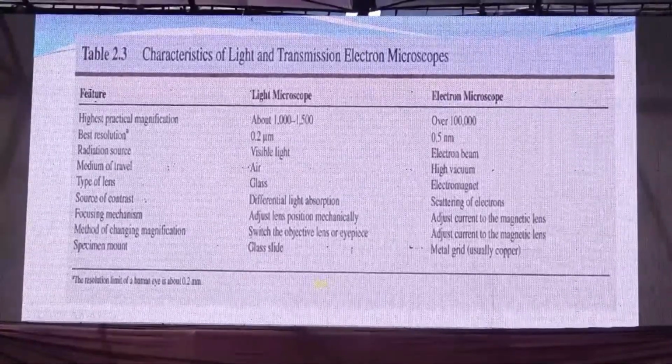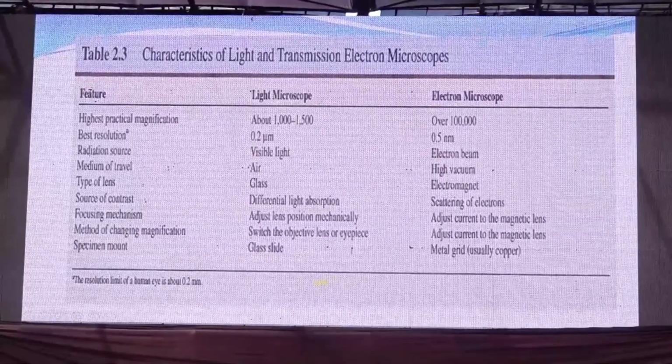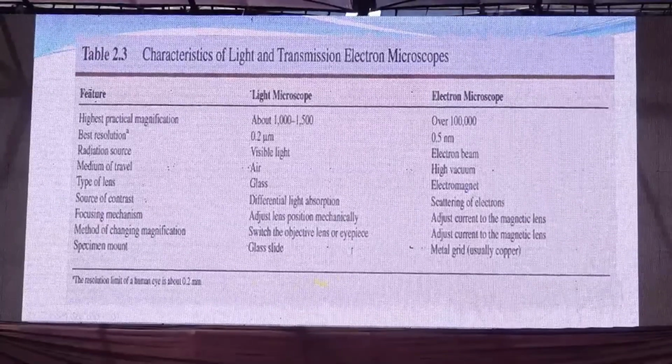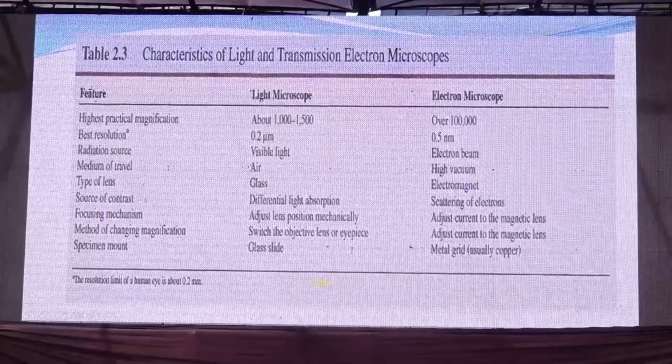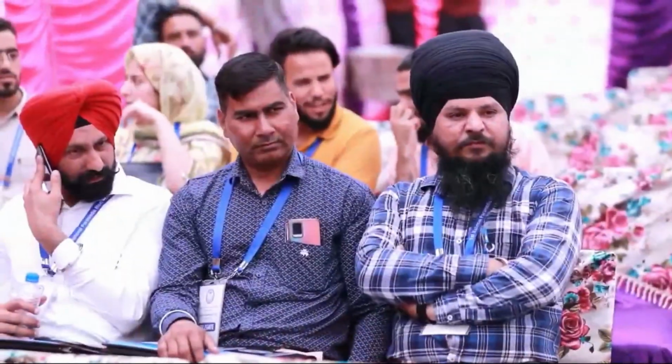You can observe viruses using electron microscopes. Radiation source: visible light in our labs; in the electron microscope, it is the electron beam. Medium of travel: we keep the light microscope on the tabletop, while electron microscopes are operated in vacuum. Type of lens: here it is glass, and in the electron microscope we have electromagnets.